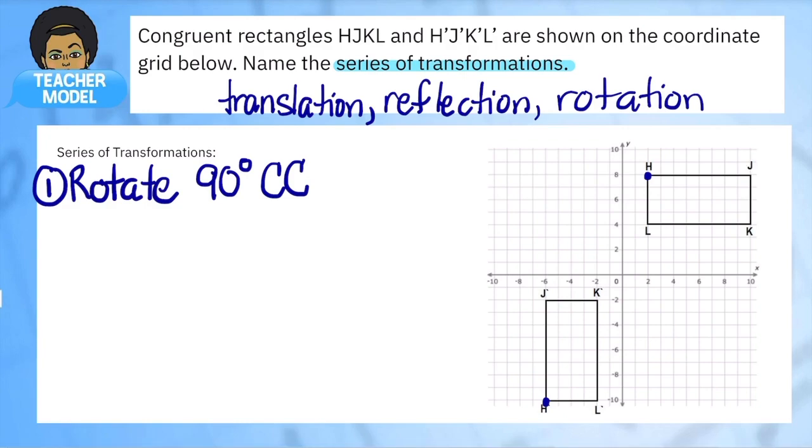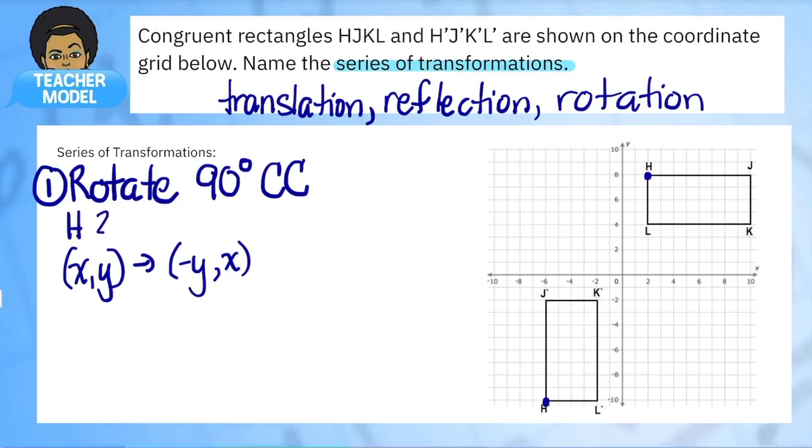So let's look at my points. When we rotate 90 degrees, we know that these flip and the first coordinate is going to be an opposite. So H is going to go from (2, 8) and it's going to become (-8, 2).